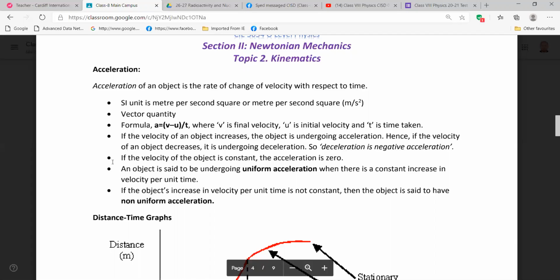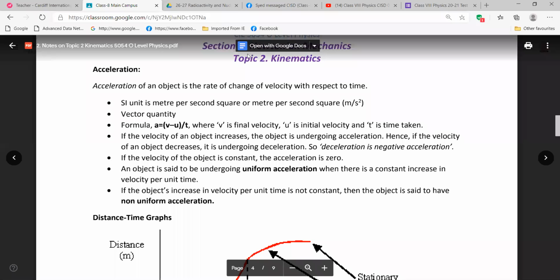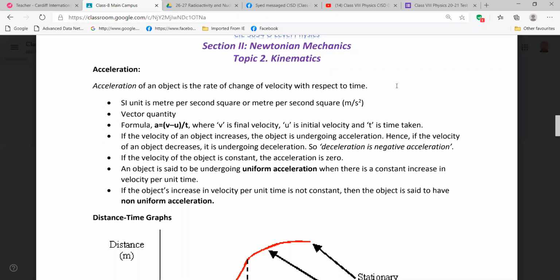As the driver presses the accelerator, for example, at the beginning the car was stationary, and after some time the velocity is 5 meter per second. How much? 5 meter per second.